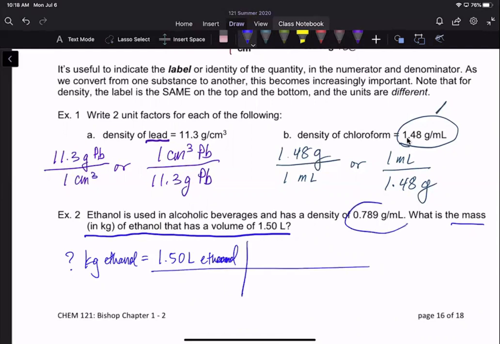We're going to use this as a factor to make that conversion. Oh, but it has milliliters and grams, so let's go from liters to milliliters, and then we can use our factor here. So I'll fill in those numbers.